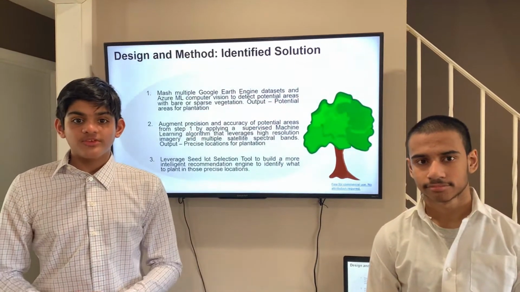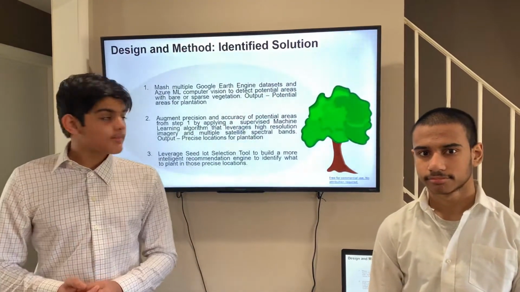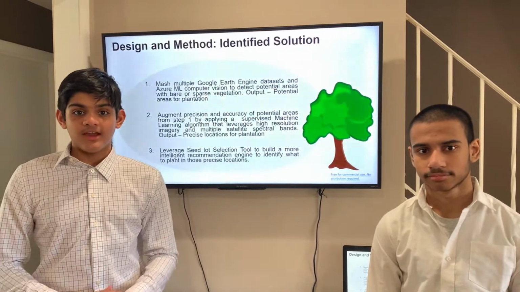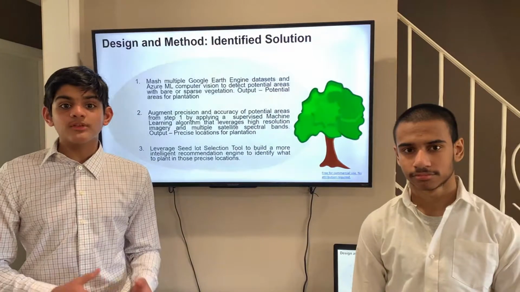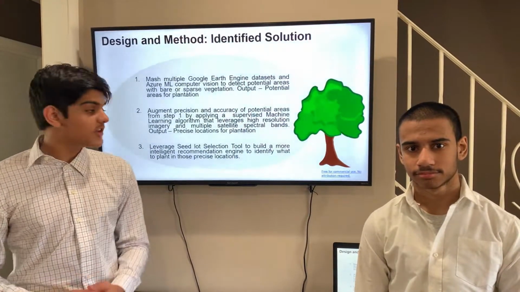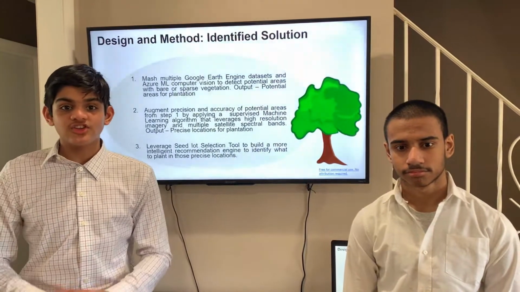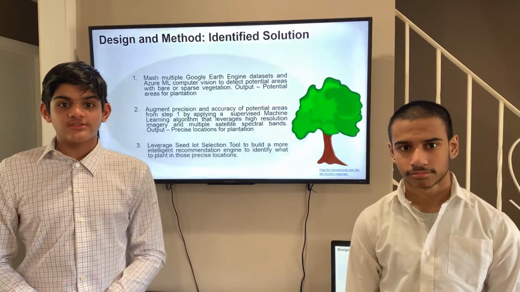We then augment our precision by applying a supervised machine learning algorithm that leverages high-resolution images as well as various satellite bands to determine precise locations where to plant trees. We then input these precise locations into the seed lot selection tool, as well as a more intelligent recommendation engine that we built to identify what species of seeds to plant in those areas.